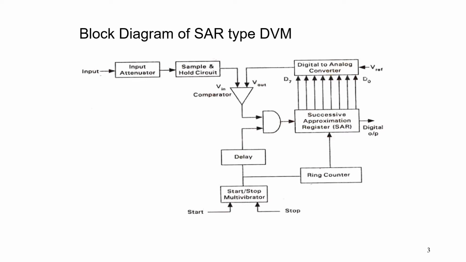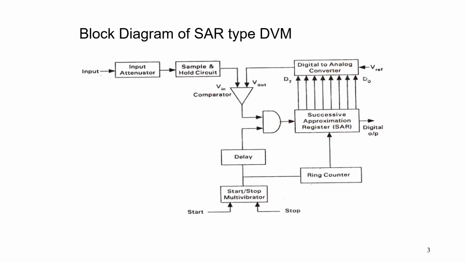To enable digital instruments to recognize information, inputs which are analog in nature must be converted to digital form. Hence, any digital instrument consists of an analog to digital converter in its input stages.